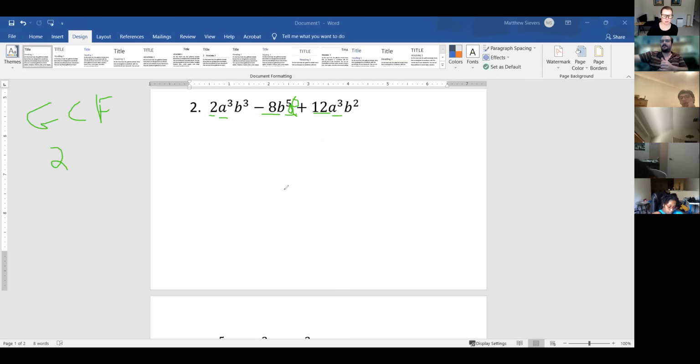So we can only take out as many as the least of. If there's no A's here, we can't take out A's. But the B's have 3, 5, and 2, so I can take out b squared. We want to take out a 2b squared from everything here. We're going to divide everything by 2b squared.